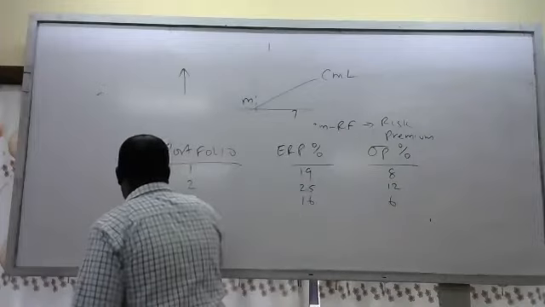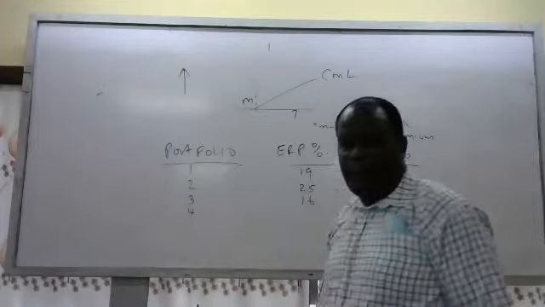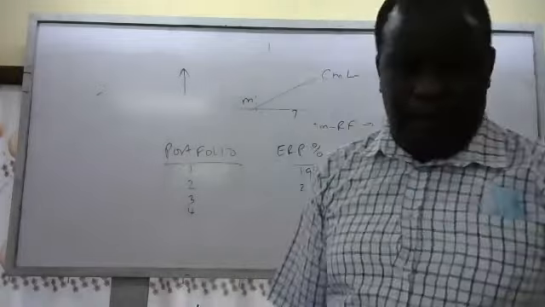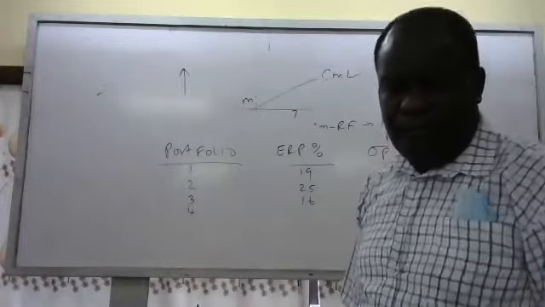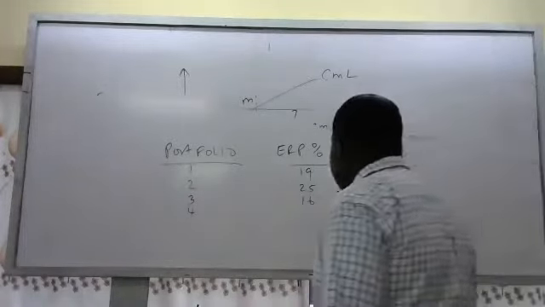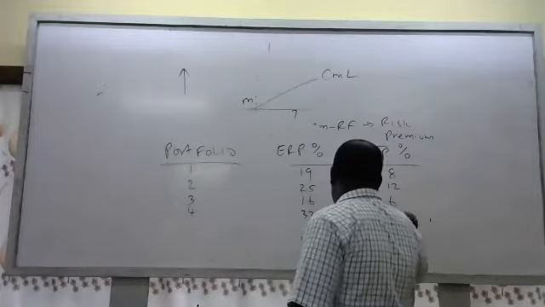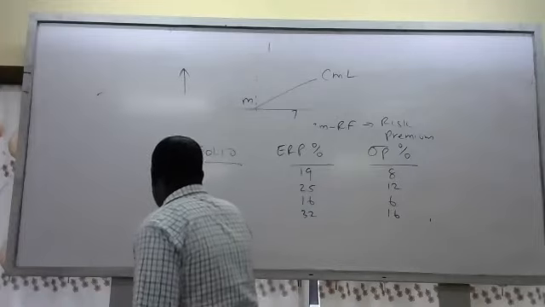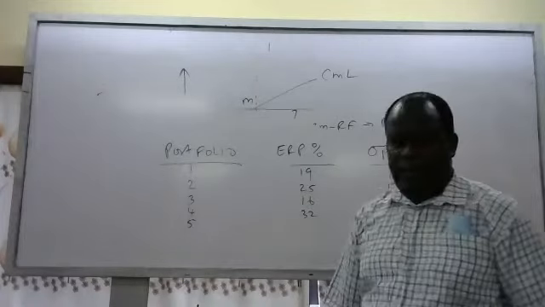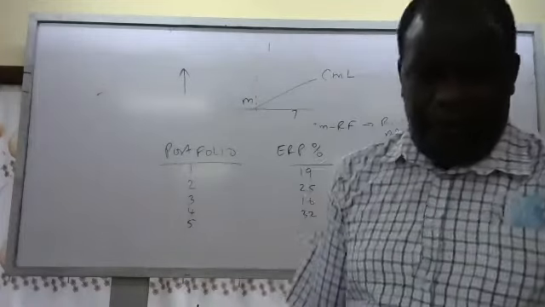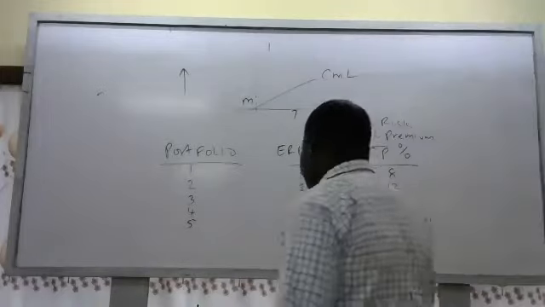The fourth one is 32, then 16. Number 5, we have 22.5, then 10.